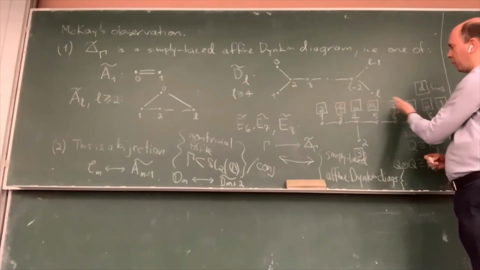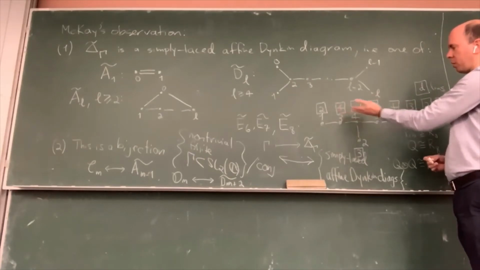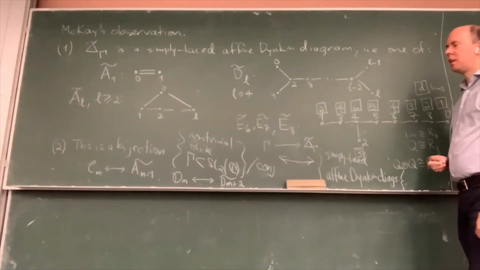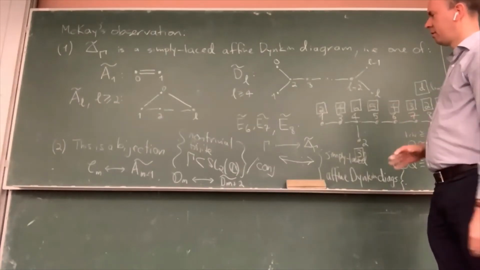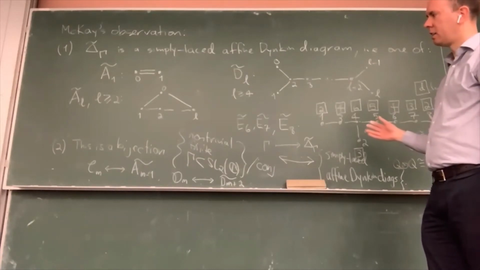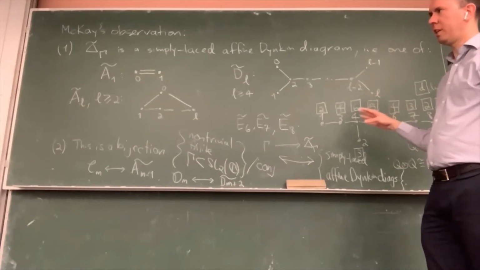You can easily work out what the dimensions of the irreducibles of the corresponding group will have to be, but how do you actually construct the group? So that's an interesting topic, and I guess what I'm saying today contributes to that a little bit.